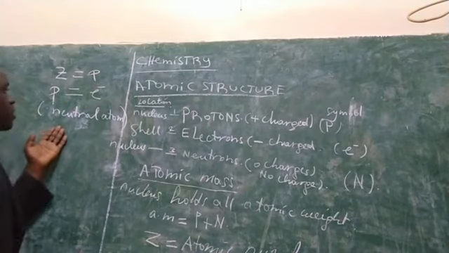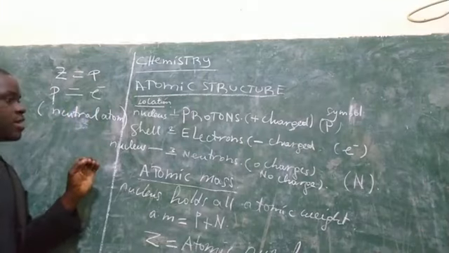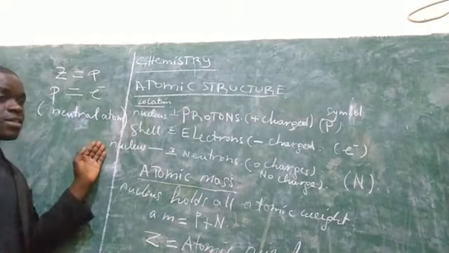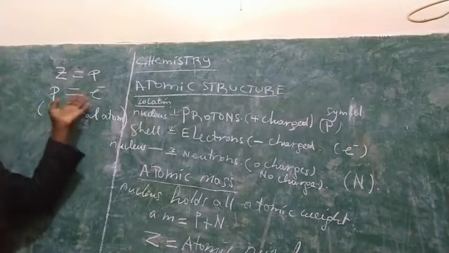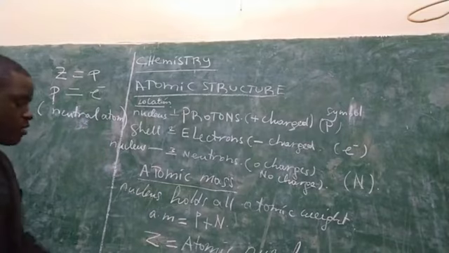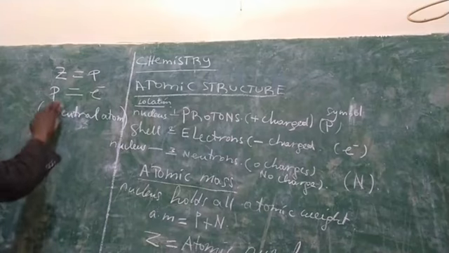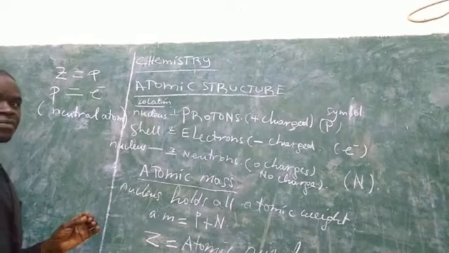Especially when it is an ionized electron, it can be stable when it is ionized, but the number of protons is not equal to the number of electrons. So the number of neutrons can be equal to the atomic number or the number of protons for some time.